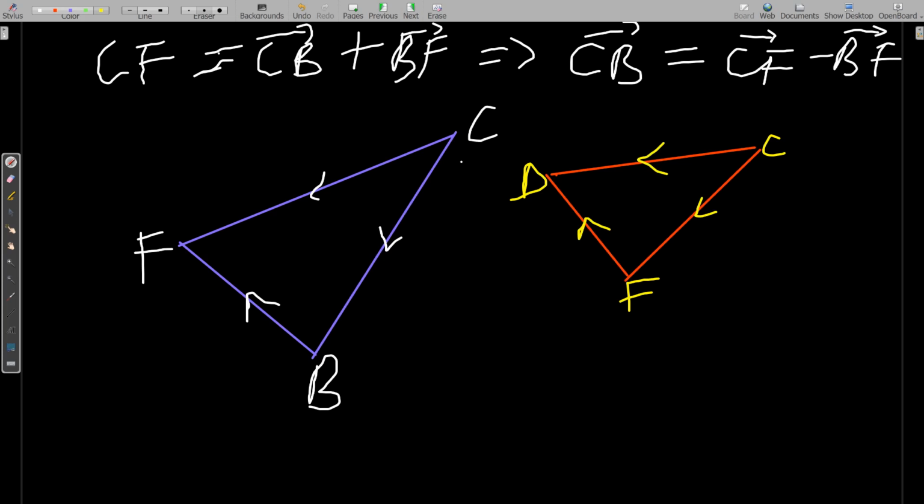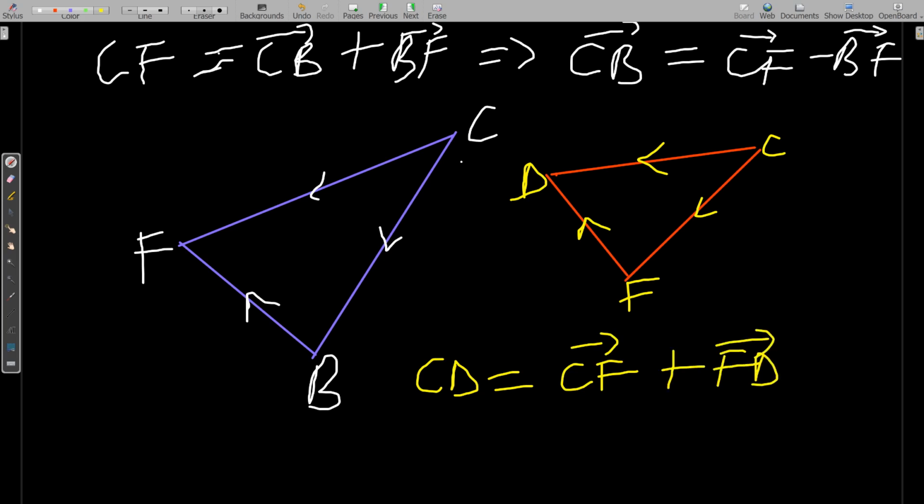Now with regards to this, you realize that CF and FD are going the same direction, so their sum should give you CD. So you have here CD being equal to CF plus FD. I hope you can see.